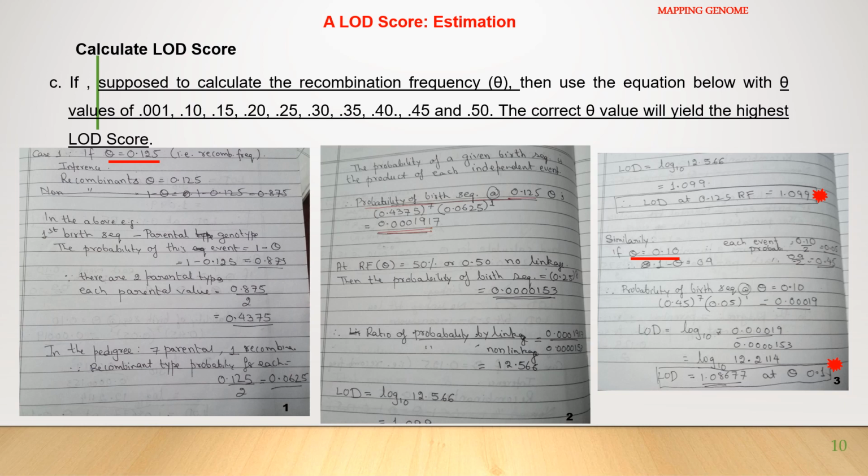Similarly, I have found if the theta value is considered as 0.10, the LOD score would be 1.08677.